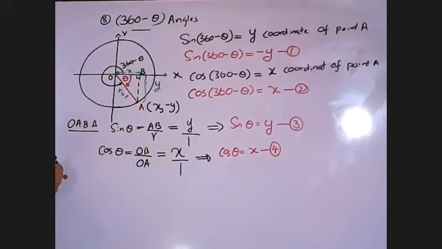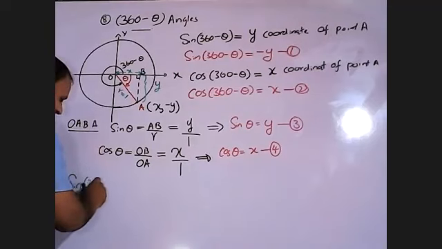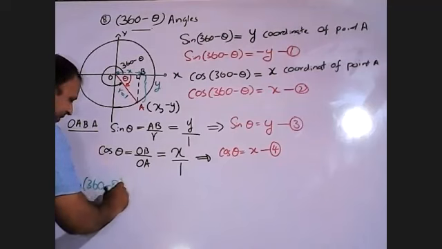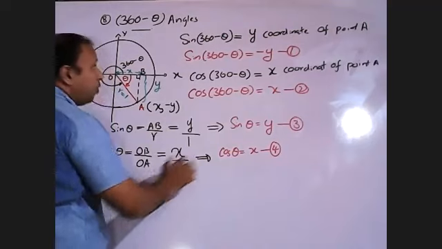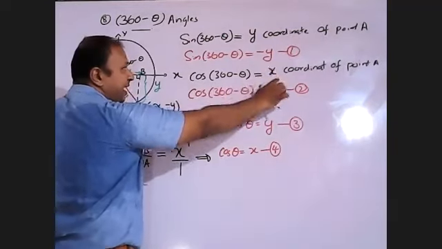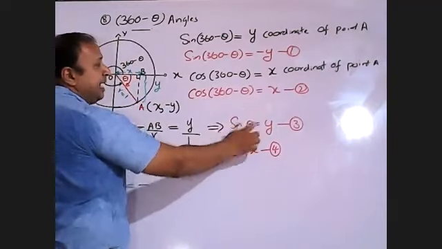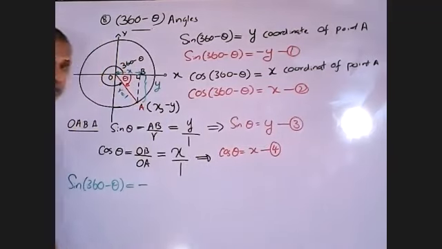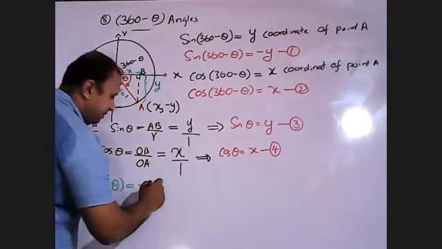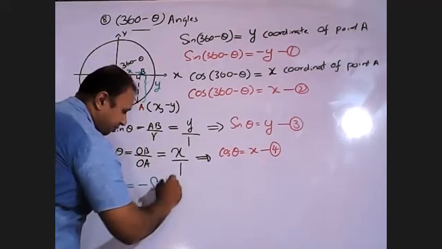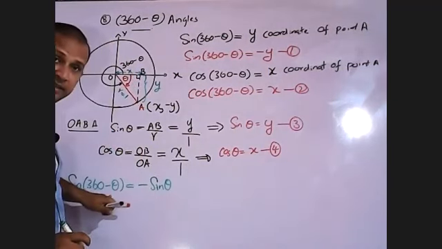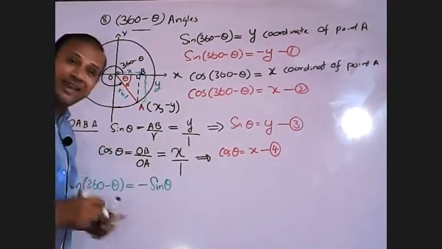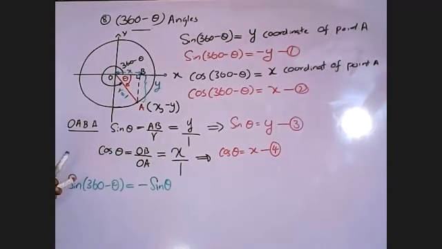So sine 360 minus theta is equal to minus y. I can write sine theta instead of y because it is equal to y. Therefore, sine 360 minus theta is equal to minus sine theta.